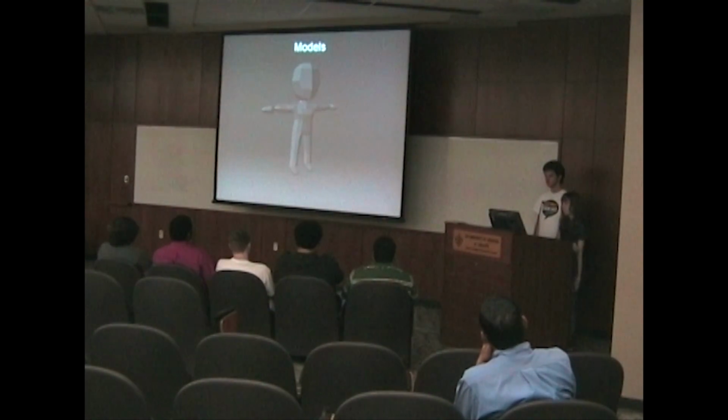And since the enemies and the player characters were all going to look the same with different textures on them, and since they were all the same type of body structure, I decided to make one basic model and then derive all of them from that basic model.